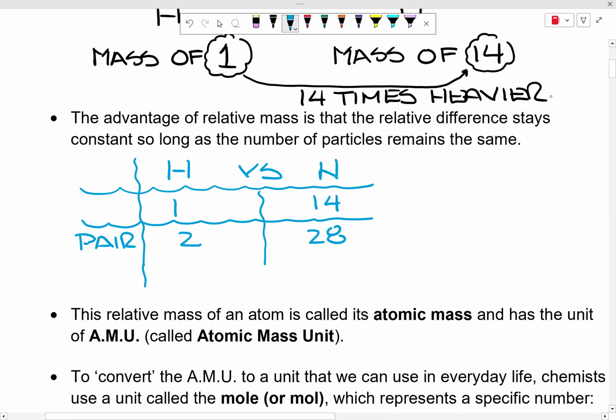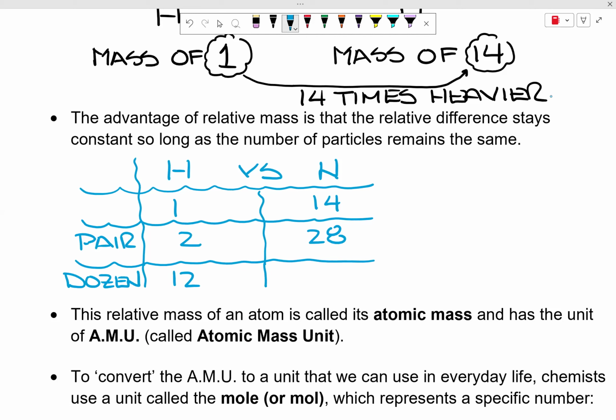Now, what if we had a dozen? If we had a dozen hydrogens, this would be 12, because 1 times 12. And if we had a dozen nitrogens, I take 14 times 12 and get a relative mass of 168.